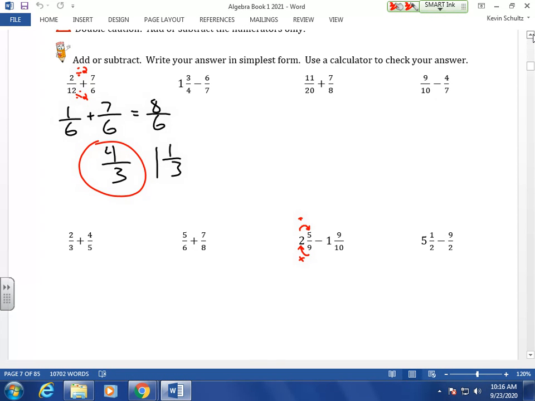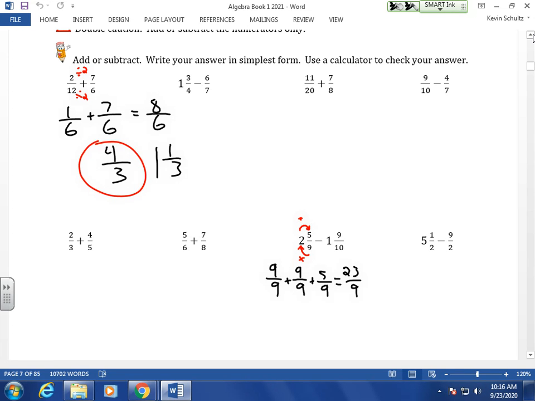What's actually going on here is, at 2 and 5 ninths, we have 2 wholes there, right? That's what the mixed number tells us, how many wholes we have. We have 2 of them. How many ninths would make up 1 whole? 9 of them. So if we have 2 wholes, it's really like we have 9 ninths, that's 1 whole, plus another 9 ninths, there's our second whole, plus the 5 ninths that we have as our part. Now adding fractions, the denominator stays the same, we just talked about why, but 9 plus 9 plus 5 is 23.